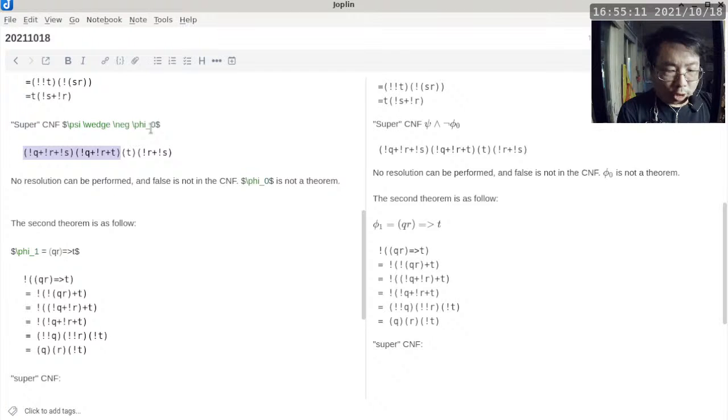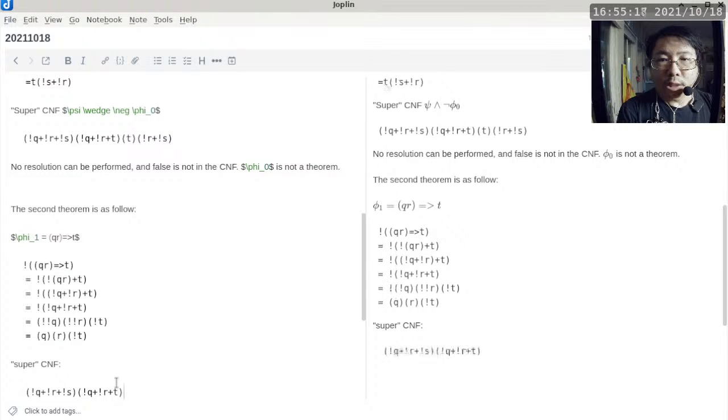Psi has not changed. So we're going to have psi the same way over here, and we are going to concatenate with it, using a conjunction, the CNF that is representing the negated proposed theorem, which is not phi 1. The negated version of phi 1, which is this.